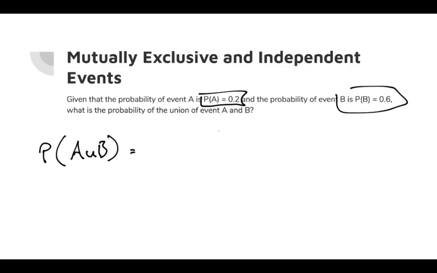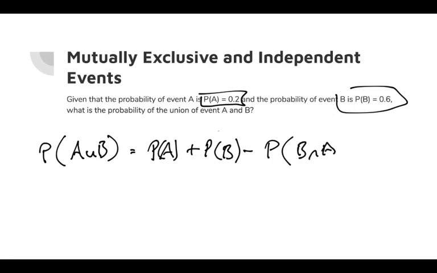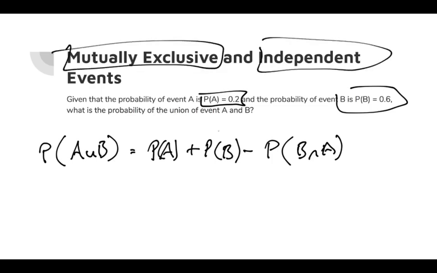Well, I know that this equals the probability of A plus the probability of B minus the probability of B intersect A, or A intersect B. The order of that doesn't matter, but it does matter if they're mutually exclusive or independent, okay?